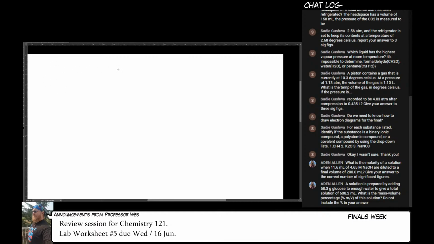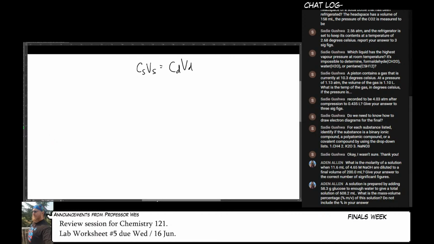Okay, so remember that the formula for molarity is, let's get a different color, this one. And so for this problem, we have the stock solution was 4.65 moles per liter.